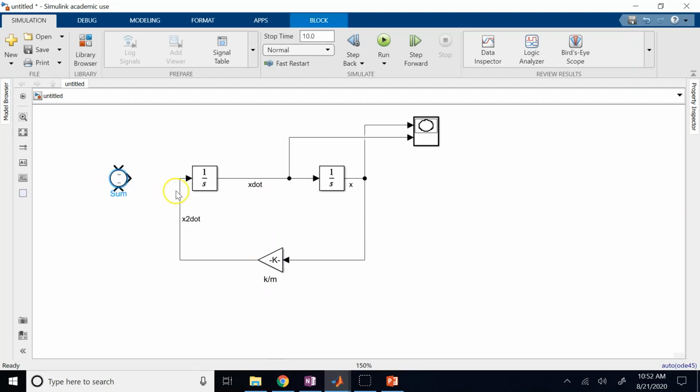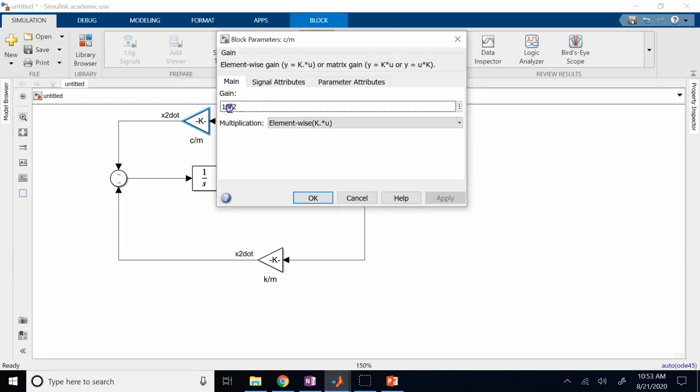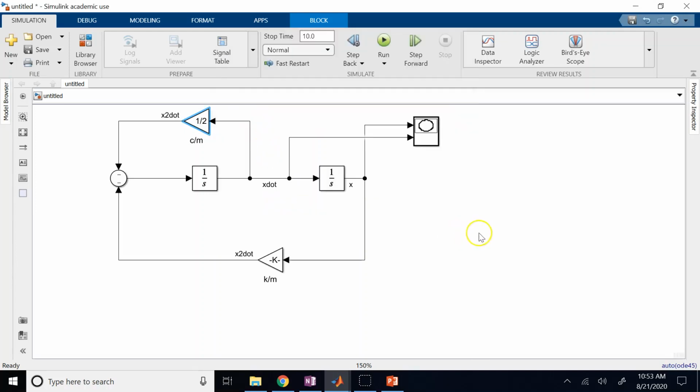So what I need here is negative k over m x goes here, and then another one goes there, and this one is c over m, and c over m is multiplied by x dot. And then here I say c over m, let's use a number like 1 here, not a big one. Okay, and that's it.